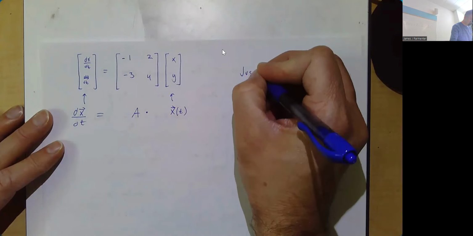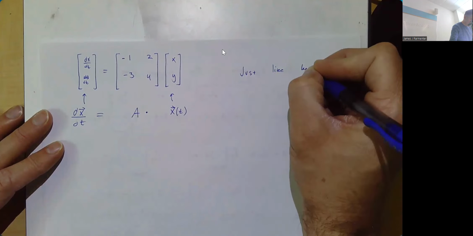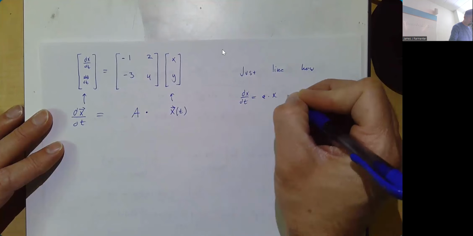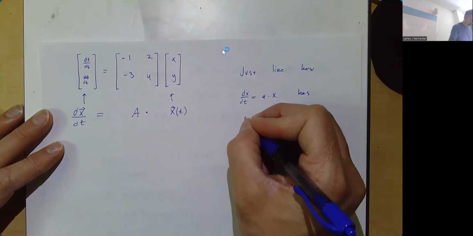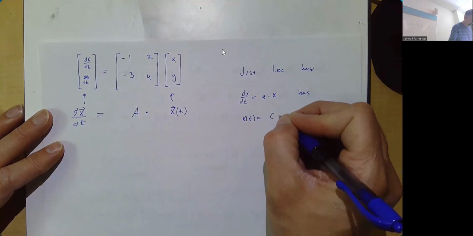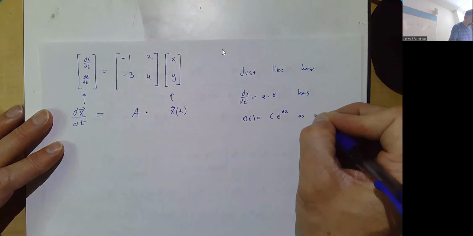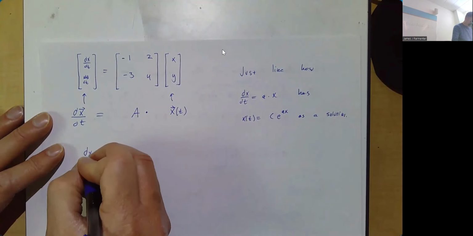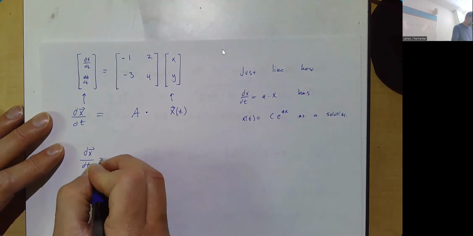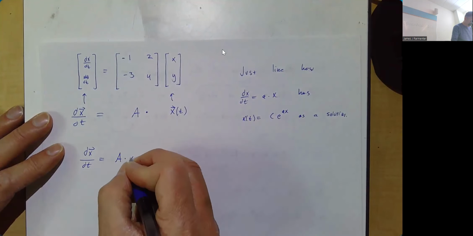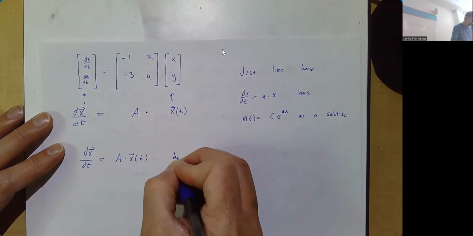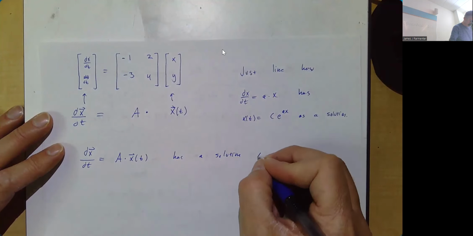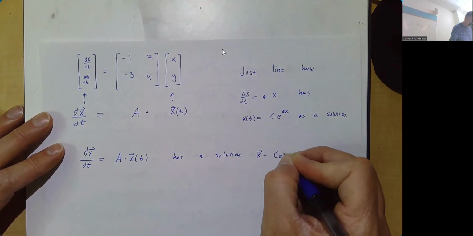Just like how dx/dt equal to a times x has x of t equal to c e to the ax as a solution, dx/dt equal to the matrix A times x of t has a solution that looks like x equal to c e to the a times t.